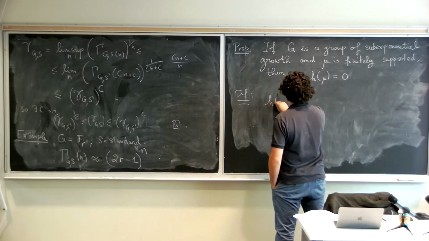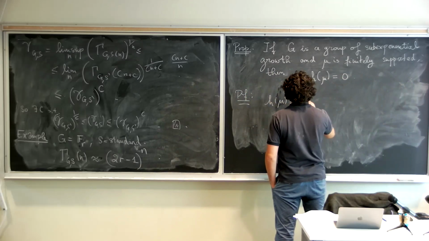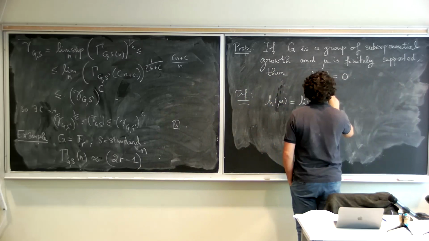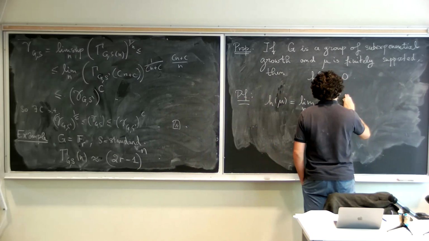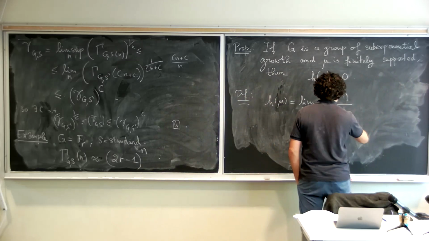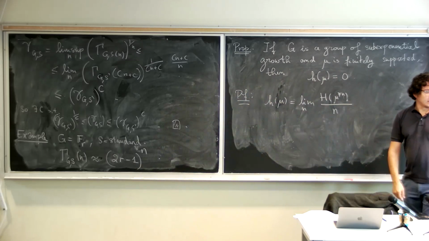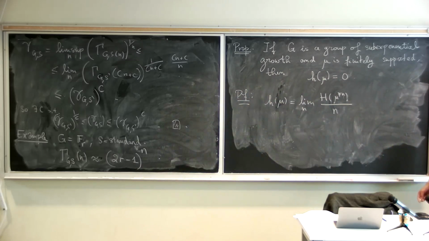So what is h mu? h mu is the limit of h of mu n divided by n. But what is the relation between the entropy and its support?